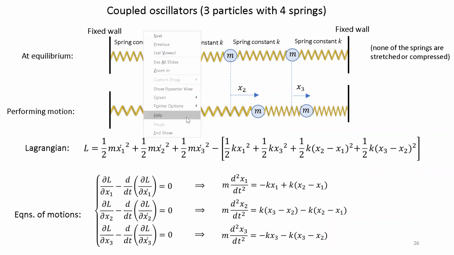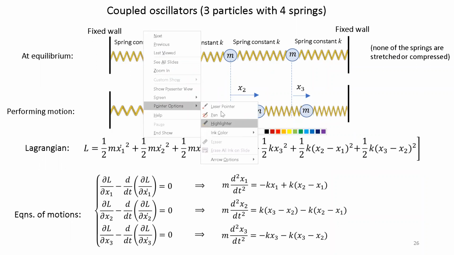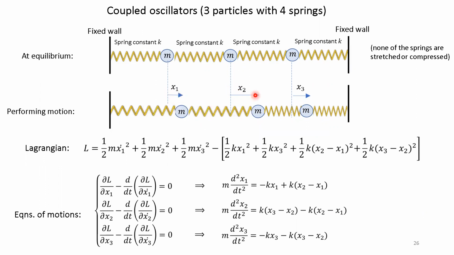This time I have 3 variables, x1, x2, and x3, and 3 terms for the kinetic energy of the 3 particles. For the potential energy I have 4 terms because I have 4 springs: one for each spring.